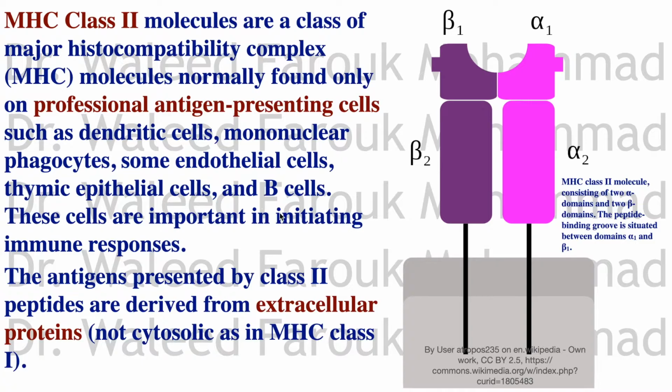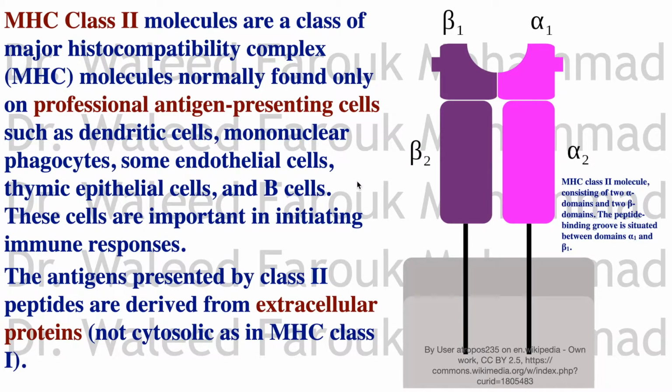While class 2 molecules are found only on professional antigen presenting cells like dendritic cells, mononuclear phagocytes, thymic epithelial cells, and B cells.